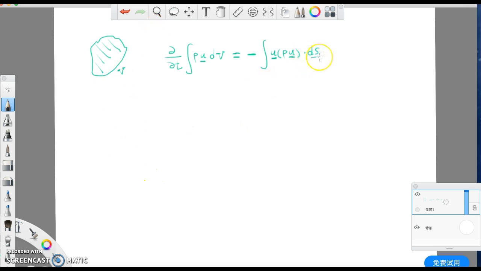Here rho u dot dS is just the flux of mass, and you multiply by u, that's a flux of momentum.